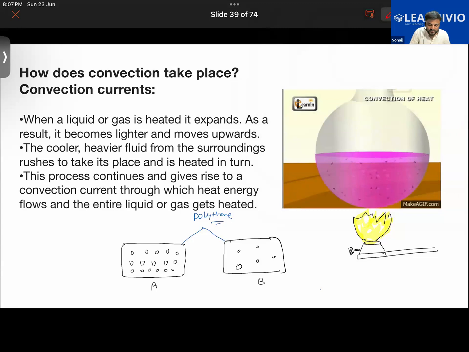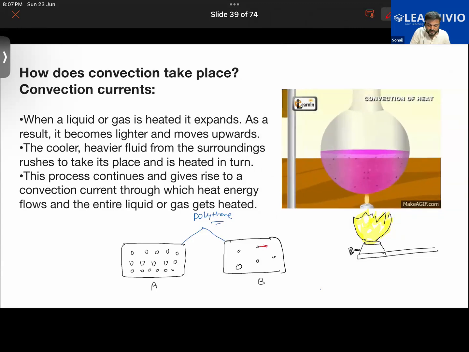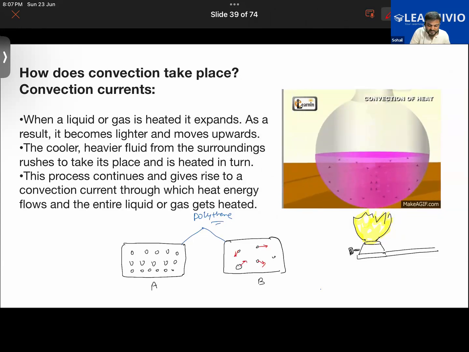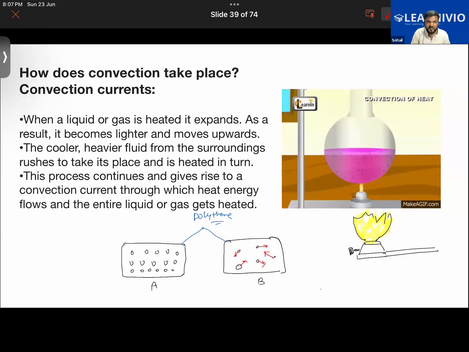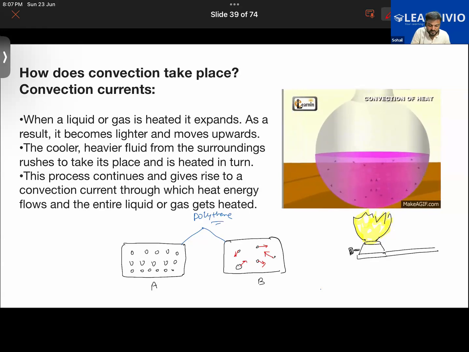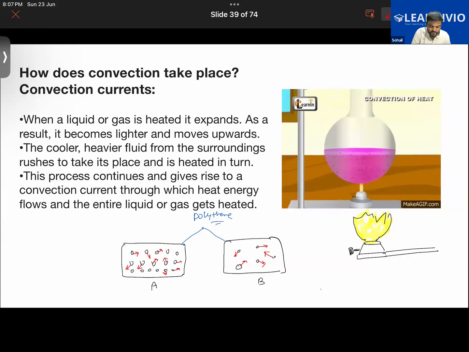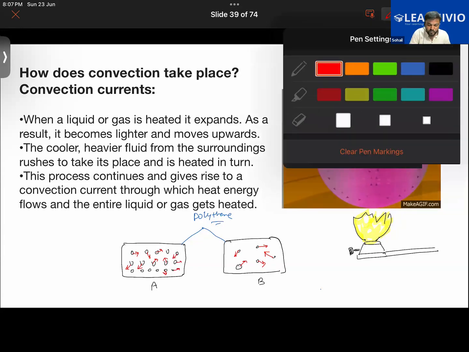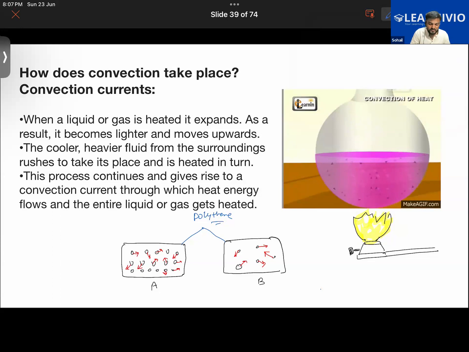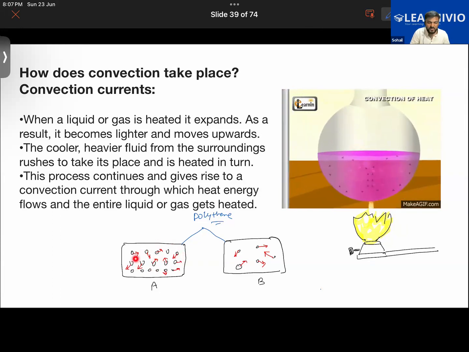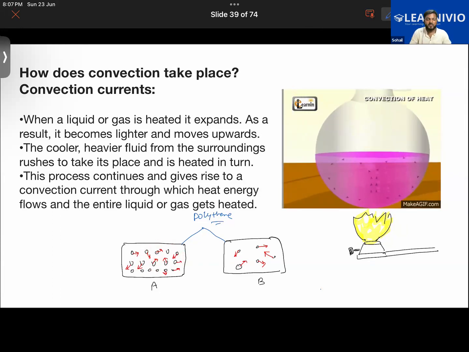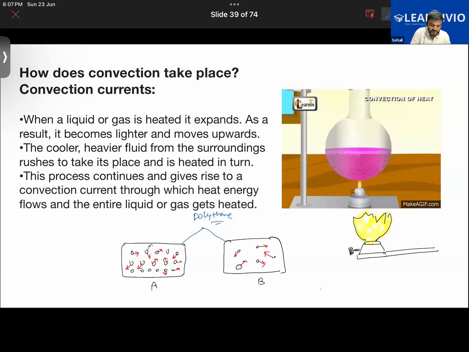So molecules of air are known to show maximum energy, and they will be moving here and there. More the number of molecules means more energy they will be having. They would be hitting the walls of the polythene like this.